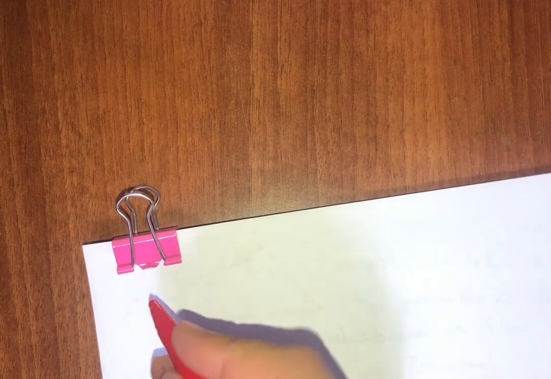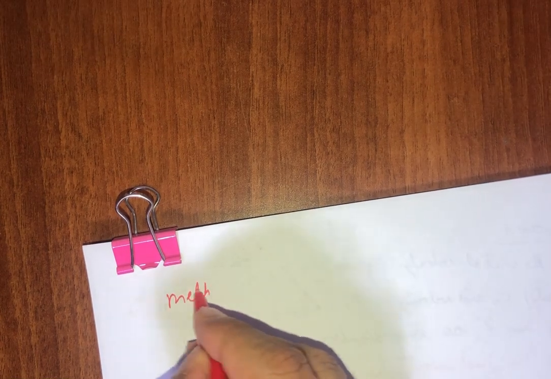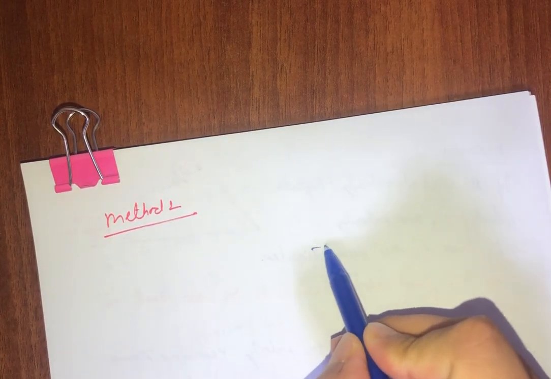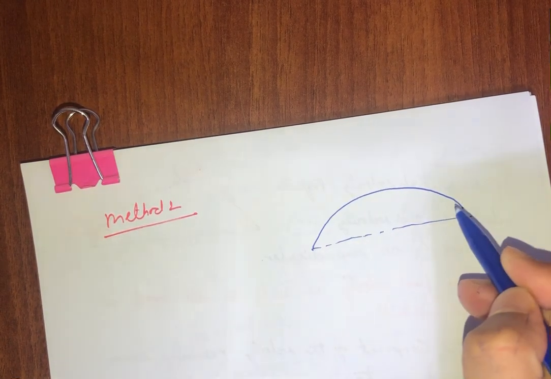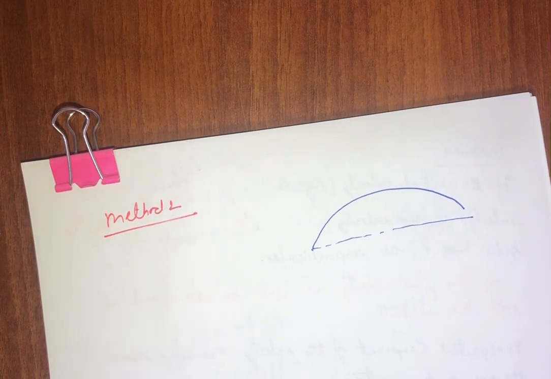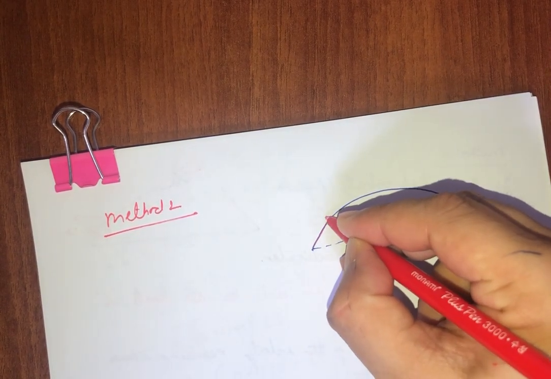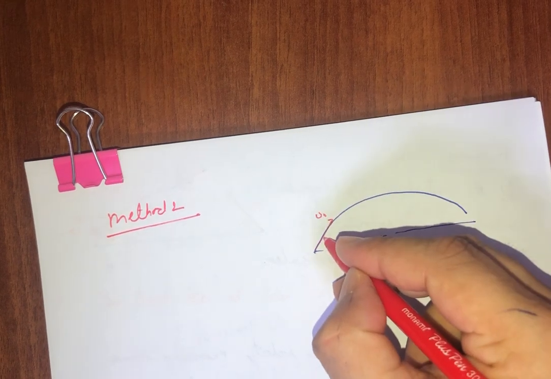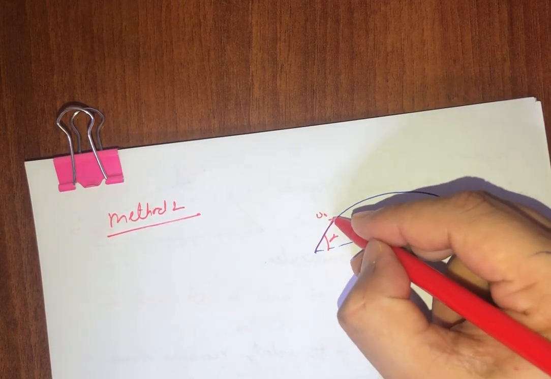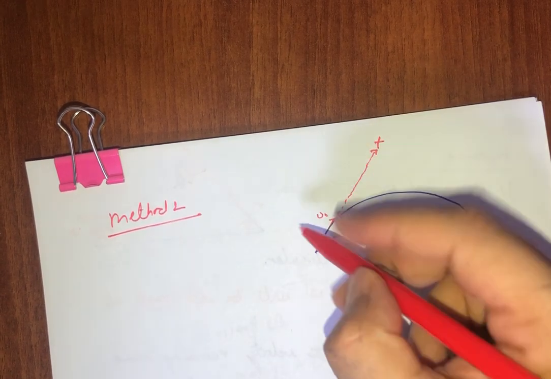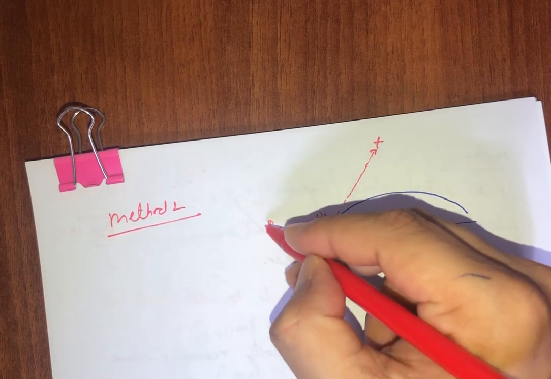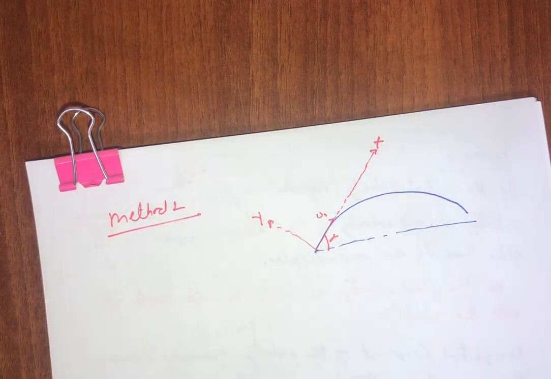So in method 2, let us draw the diagram. In this case, what we consider, that this is the projectile in this direction, and v naught is its initial velocity, making that angle alpha. So we consider that let the x-axis be in v naught direction, so y-axis will be in this direction. So this is the basic thing which we consider.